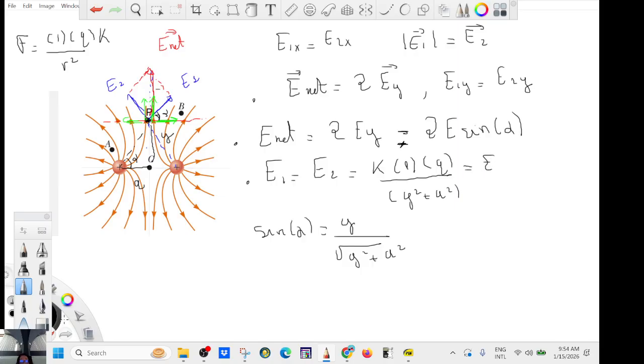Okay, do it. Plug that into here. You have the magnitude of E1 or E2, and the sine. You plug that into here, and you plug that into here.